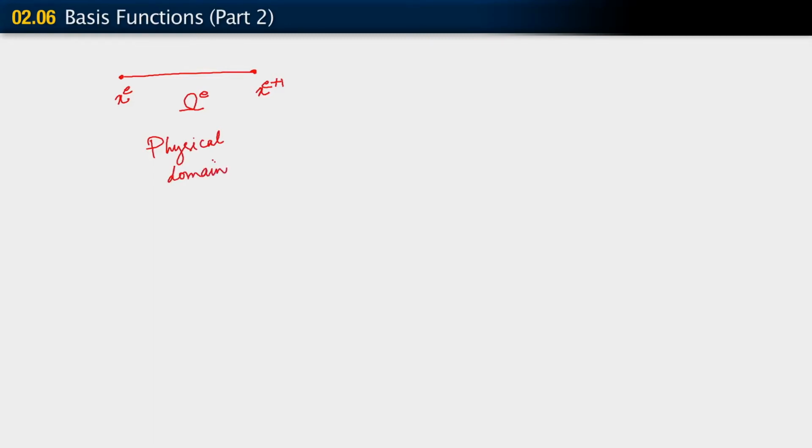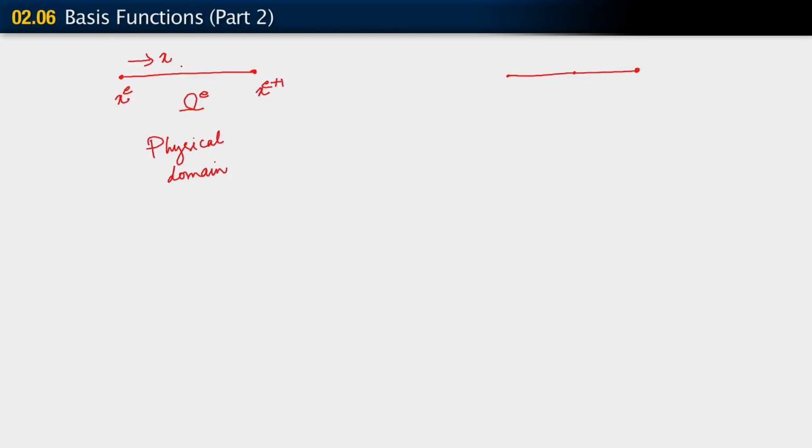In order to construct our basis functions, we always think of an arbitrary element as being constructed from a mapping from a different domain. And in this domain, the element is going to look similar, except that I'm not going to use x for position along this.